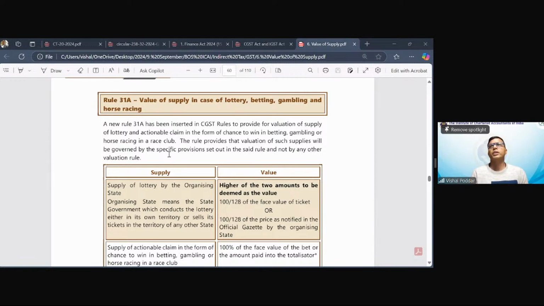Now let us first understand who is a casual taxable person. Casual taxable person means, let us say, I'm a person having my business place in Maharashtra. Let us say I'm a dealer in crockery items and I have my showroom in Maharashtra. So I am a regular taxable person in Maharashtra.